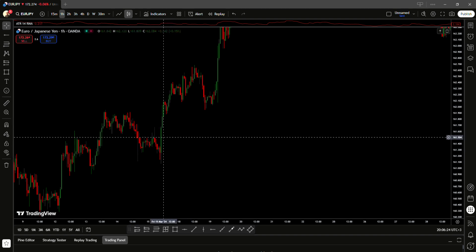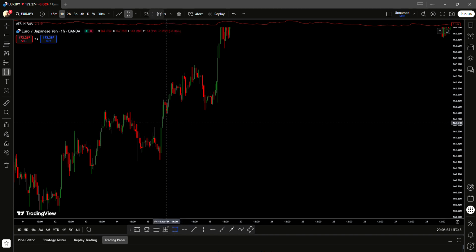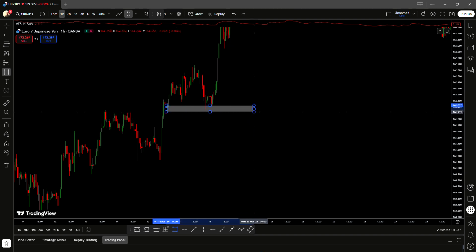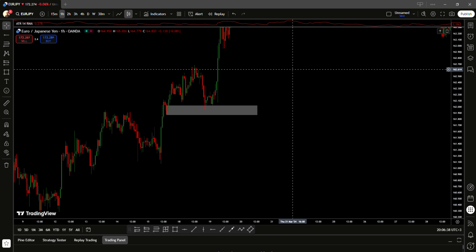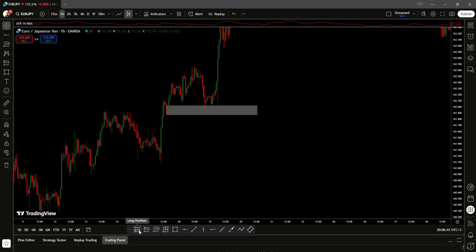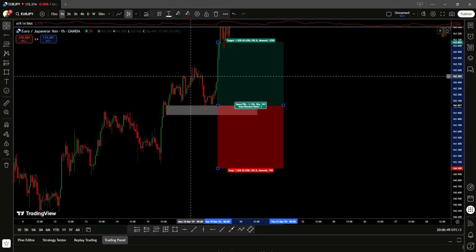There's this one here. Rally, base, rally. Good. So mark your zone like that, like that. So now you enter from here. Look at the ATR.